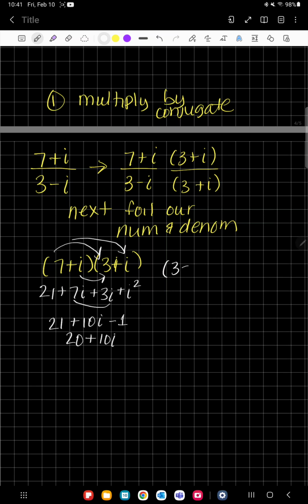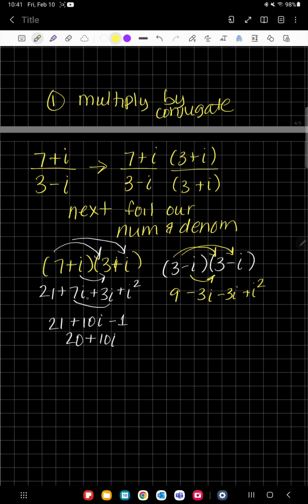Now let's do our denominator, right? We have 3 minus I times 3 minus I. 3 times 3 first is 9. 3 times -I, -3I, -I times 3, -3I, and negative times negative is positive I squared.